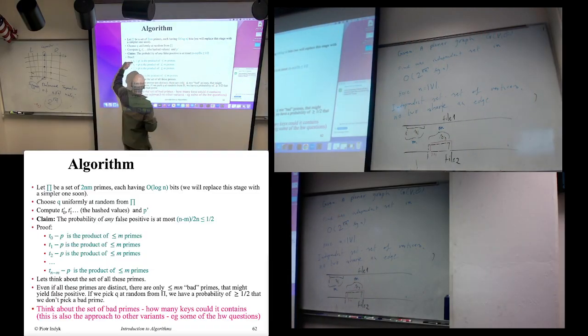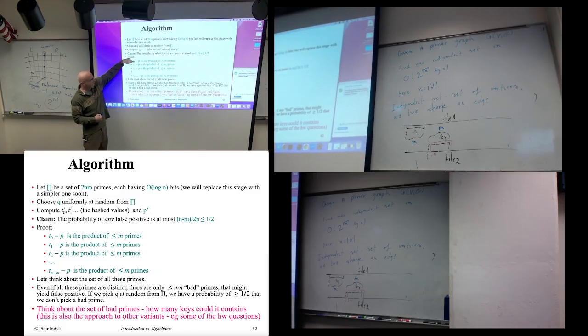So I collect M bad primes from the first shift, M bad primes from the second, all the way up to M bad primes from the last shift, where the shift is at index n minus m. So altogether, I collected n times M bad primes.